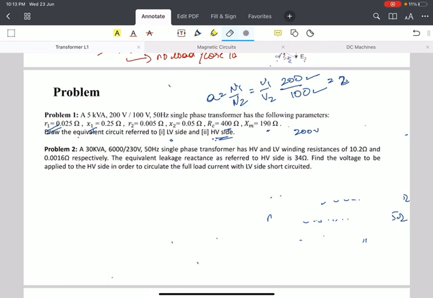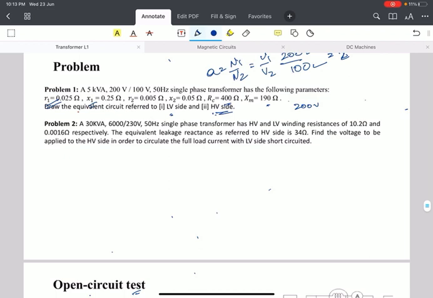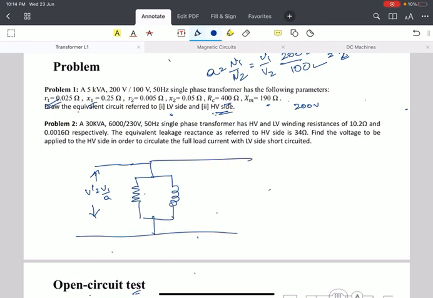In the equivalent circuit with respect to the secondary winding, that is with respect to LV side, we know that primary components are referred to the secondary. So we have this V1 dash, which is equal to V1 by A. We have the magnetizing components RC dash and XM dash, and we have the series components R2 and X2, then we have V2.